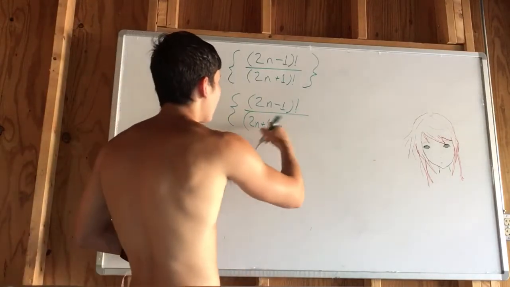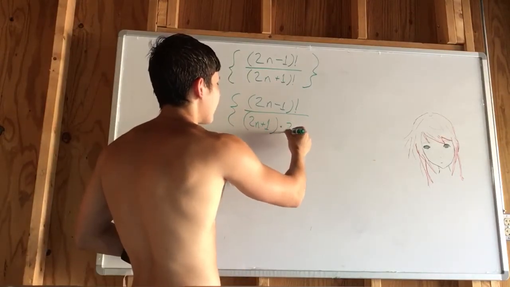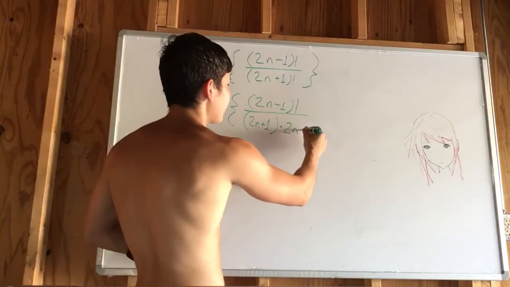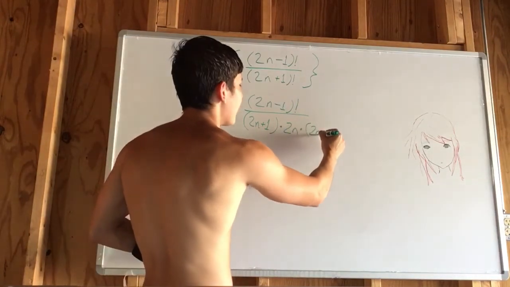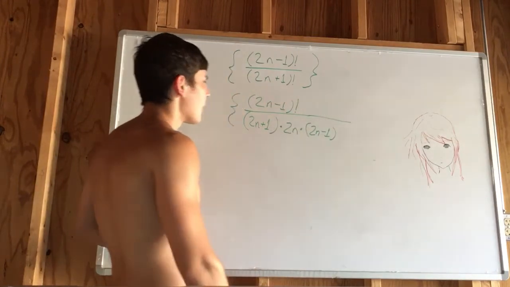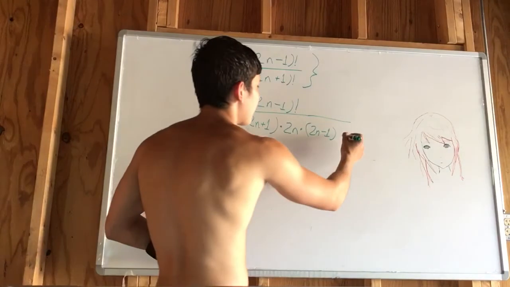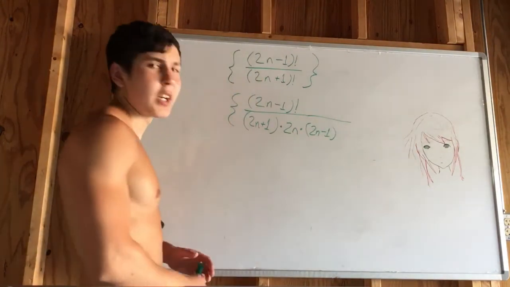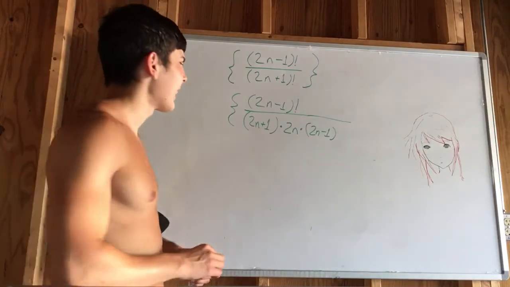What's 1 less than this? Subtract 1, times 2n. What's 1 less than this? Times 2n minus 1. And you would just keep going: 2n minus 2, 2n minus 3, 2n minus 4, until you got to 1.